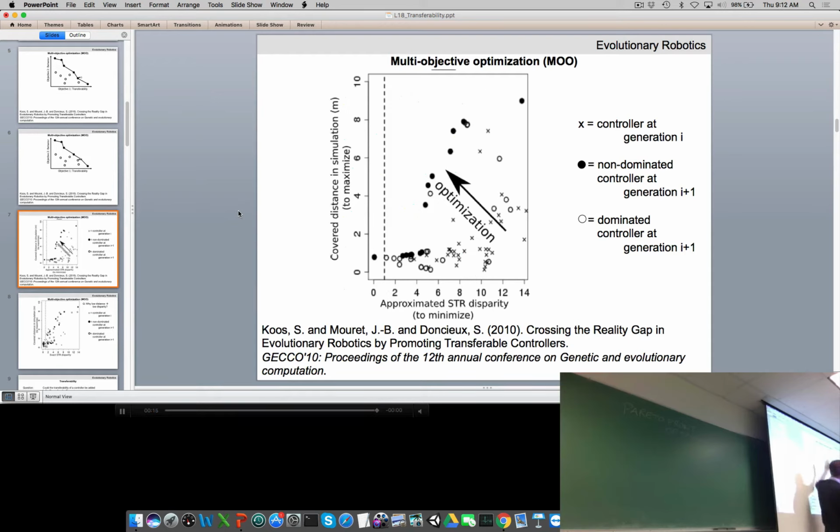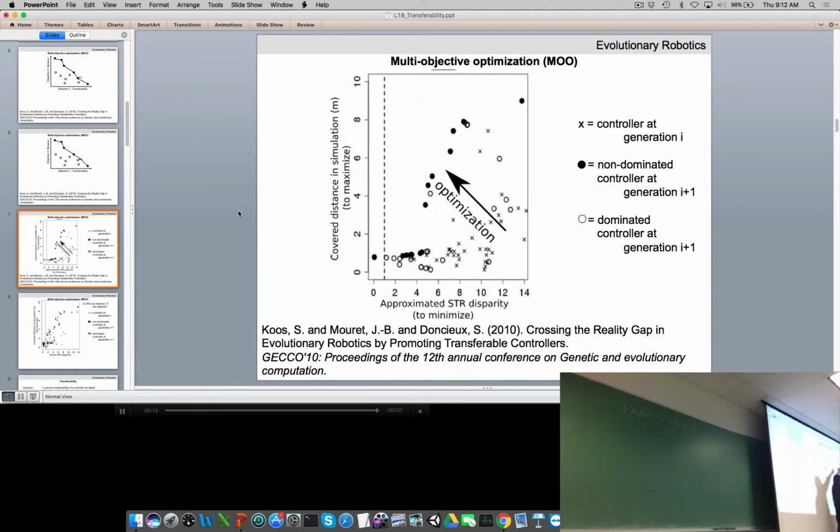Usually I like to either maximize all my objectives or minimize all my objectives, just because it makes it easier to parse. But here they're trying to maximize this objective and minimize this objective, which means optimization is pushing up and to the left.